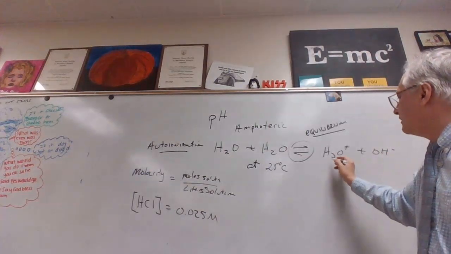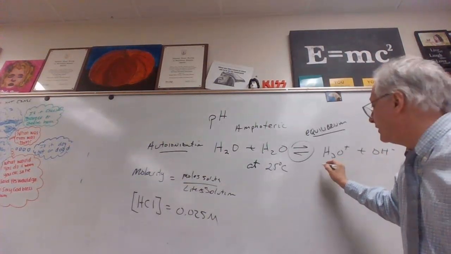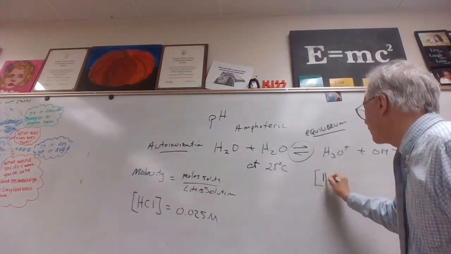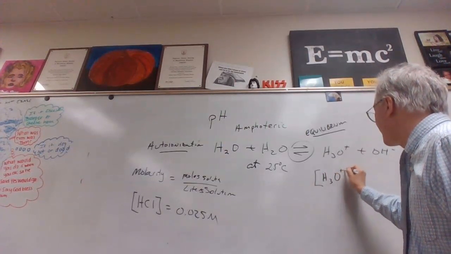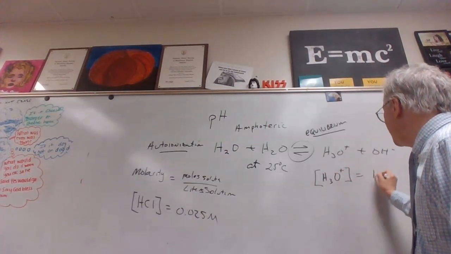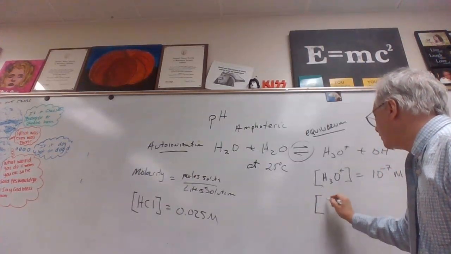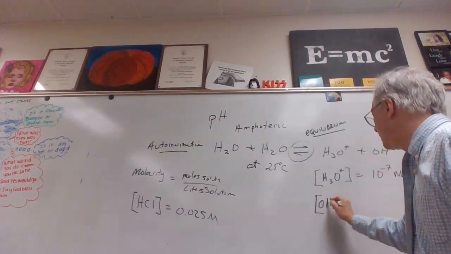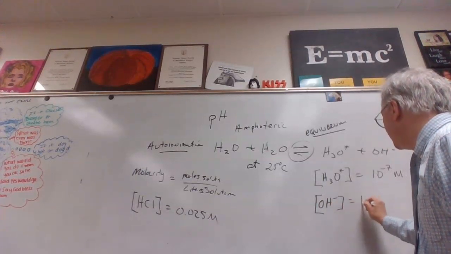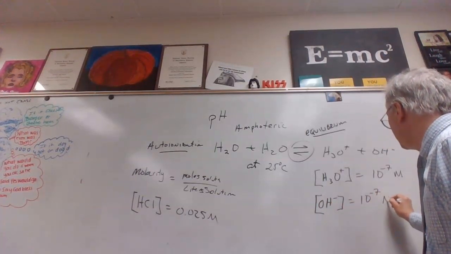And the concentration of hydronium ion is 10 to the minus 7 molar, and the concentration of my hydroxide is 10 to the minus 7 molar.